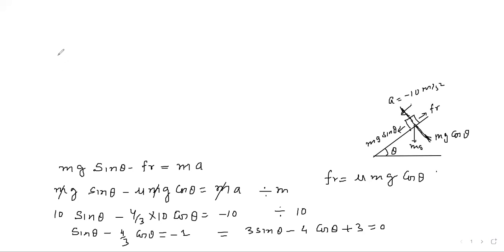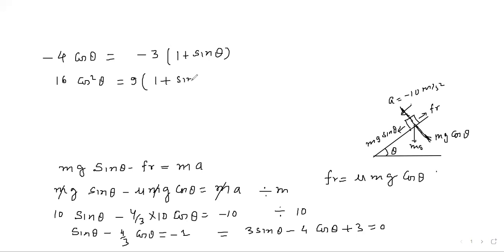So let's write it as minus 4 cos theta equal to minus 3 common, then it will be 1 plus sine theta. We can square it, 16 cos square theta equal to 9 times 1 plus sine square theta plus 2 sine theta. We open the bracket, 16 cos square theta equal to 9 plus 9 sine square theta plus 18 sine theta.